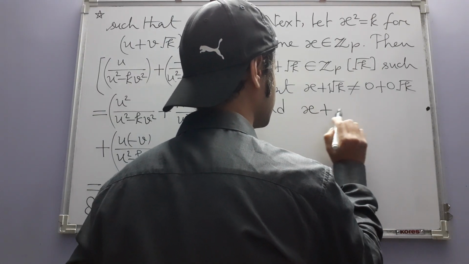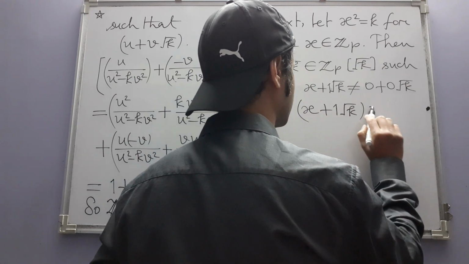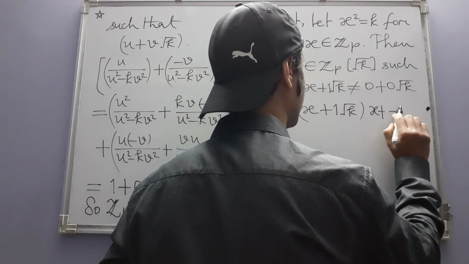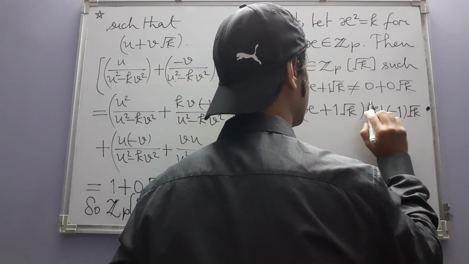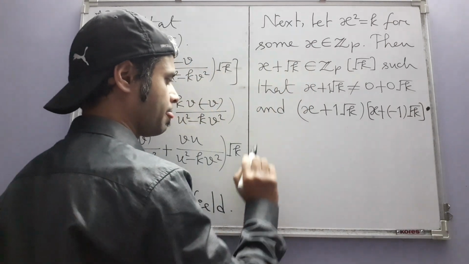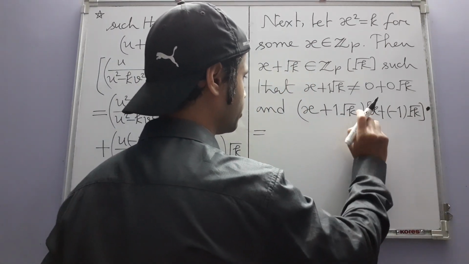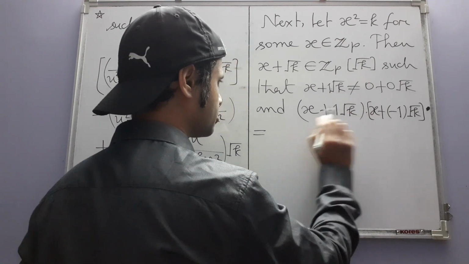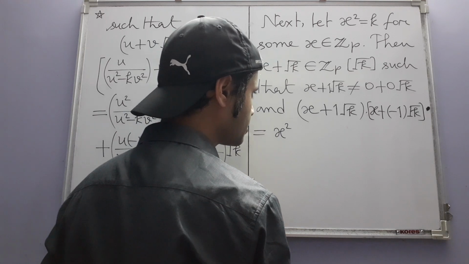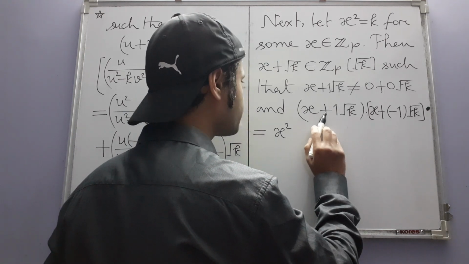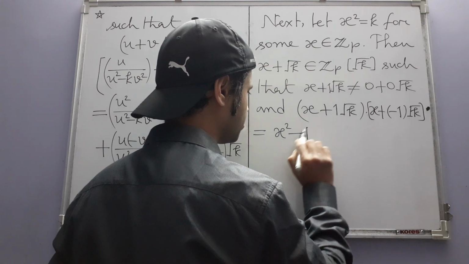x plus 1 root k times x plus minus 1 root k. Yeah, now I need to calculate this product. So first component times first component, x square, plus second component times second component, that is minus 1.